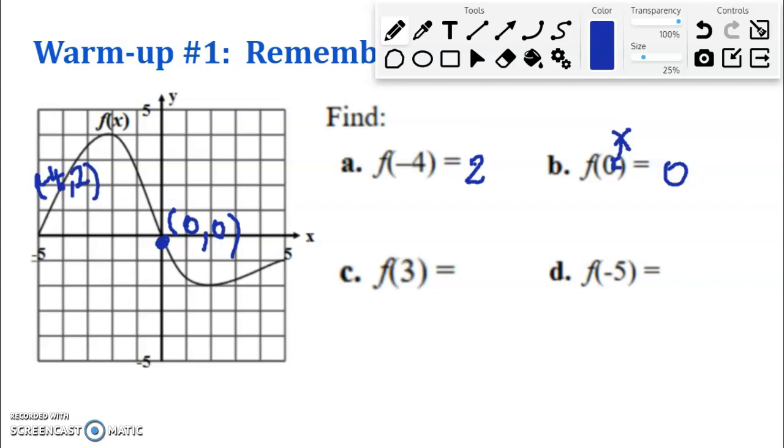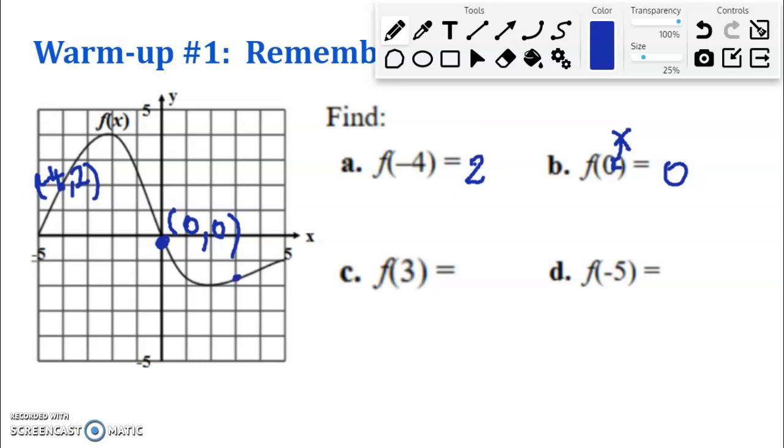What about f of 3? F of 3, find the x value to be 3, and the graph is right there. Okay, and what is the coordinate for that point?